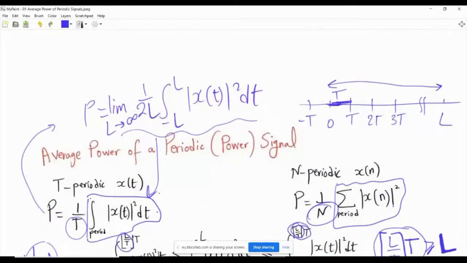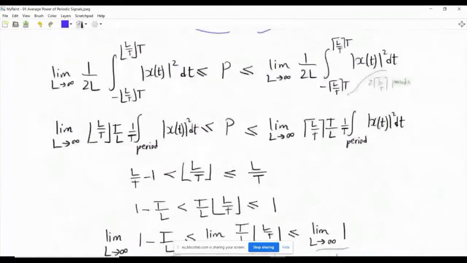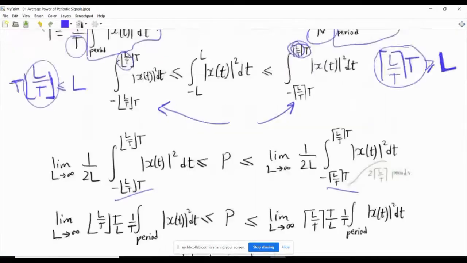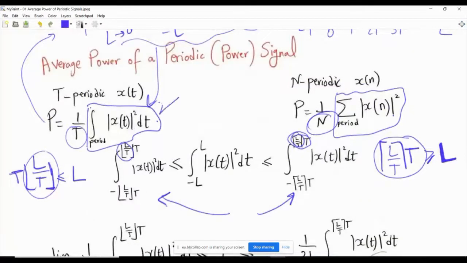So that's the power of a continuous time signal, and you can do the same for a discrete time signal. Then you compute those limits, the one with the floor and the one with the ceiling, and you will find that the limit is exactly the same. So by the sandwich or squeeze theorem, the limit of the power exists and is equal to this expression here. And again, it's the same story for discrete time signals.